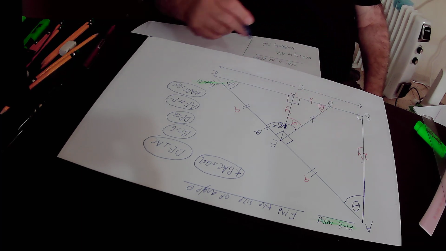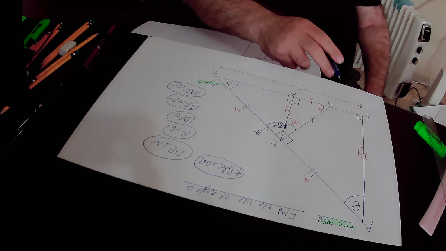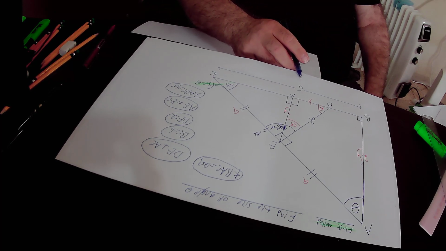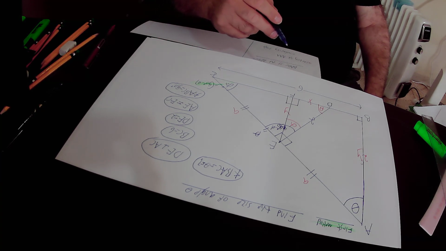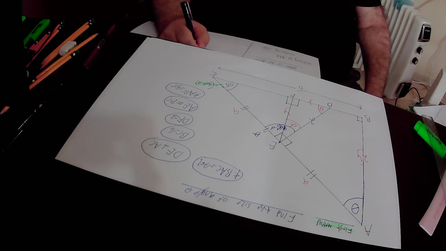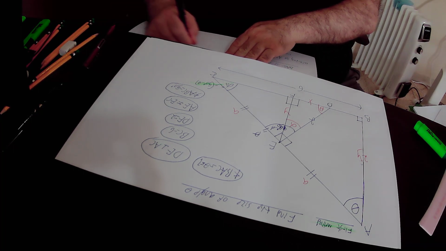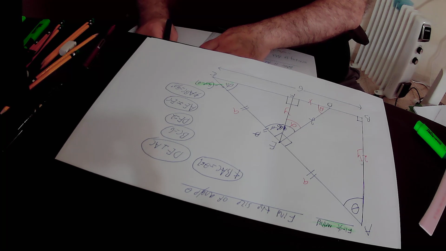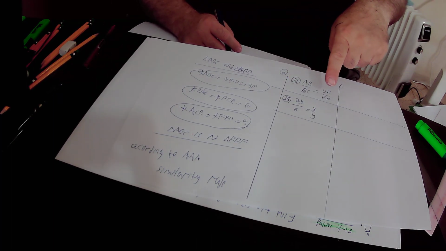AB equals 2y, BC equals 6 units, this is given in the question, and DF equals x, EF equals y. So in conclusion, according to equation number 3, 2y over 6 equals x over y.